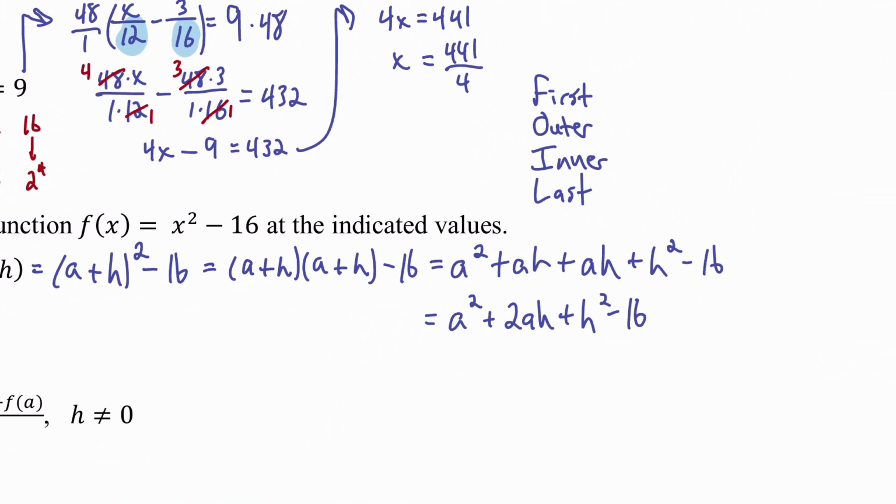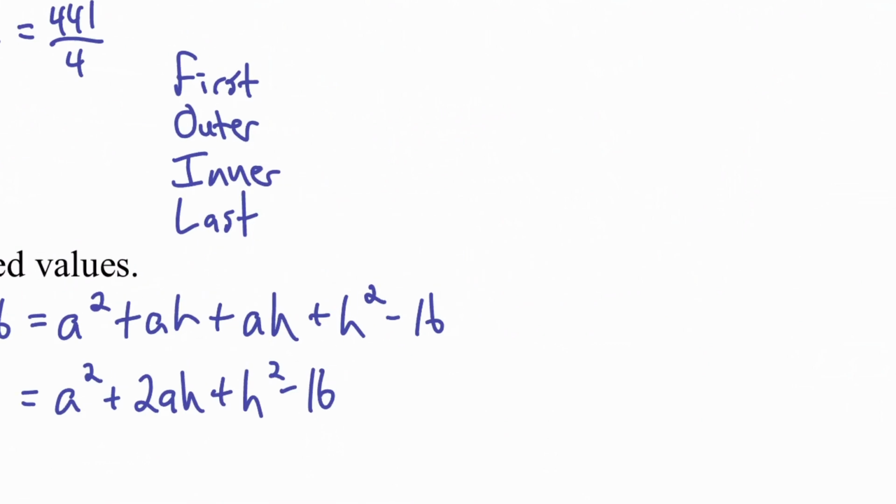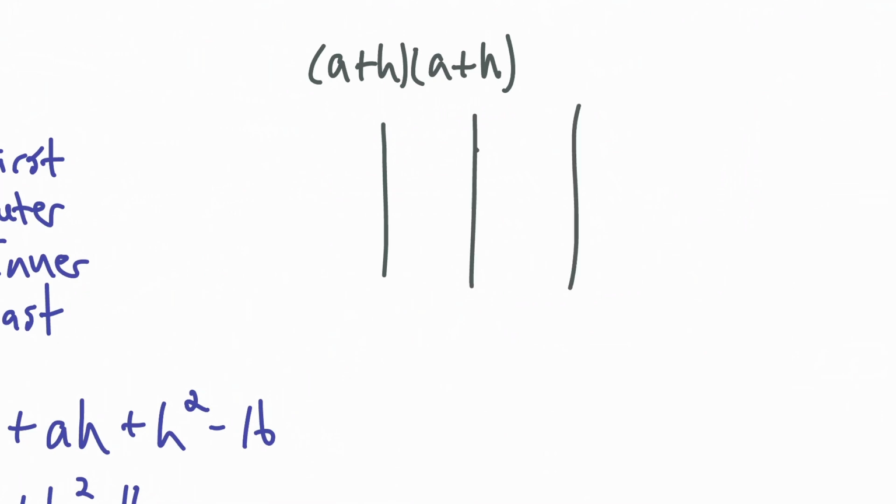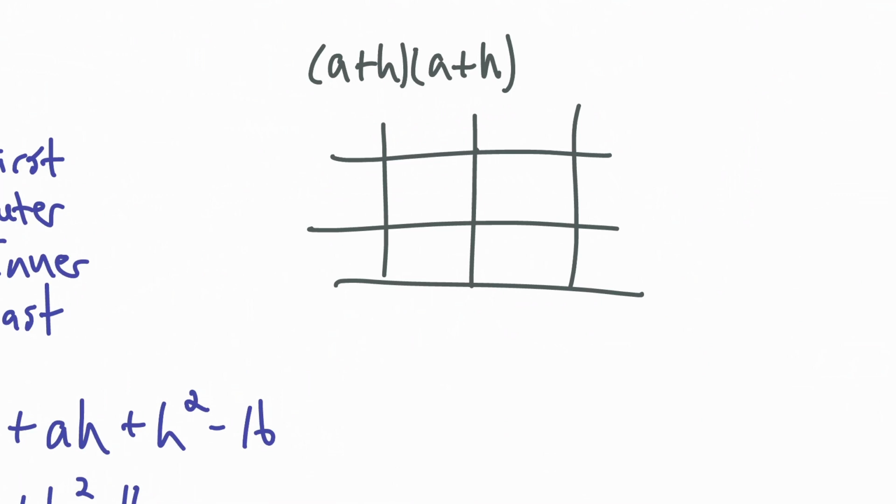So what did I mean about what's called the box method? Let's go over here off to the side. If I have a plus h times a plus h, maybe I'll do it with a different group as well. I can do what's called the box method by doing this. I don't normally do this, so I might stumble a bit, but I think I remember how to do it.